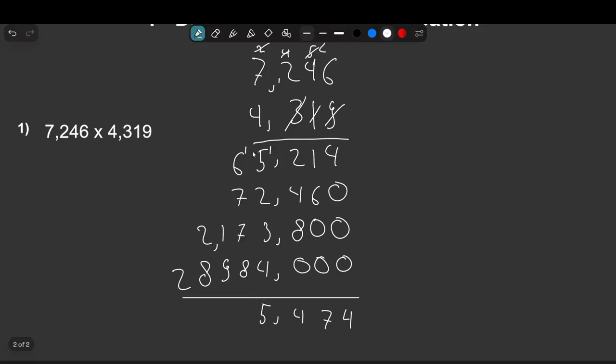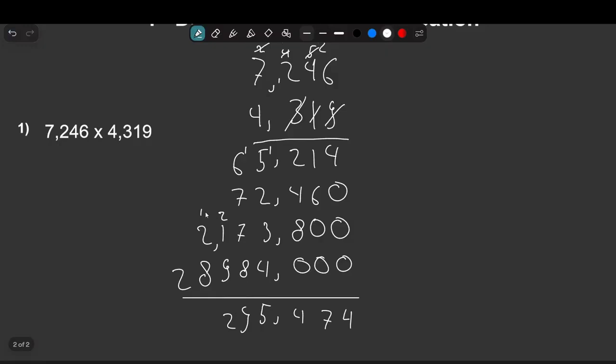So now we're going to do 1 plus 6 equals 7, plus 7 equals 14, plus 7 equals 21, plus 8 equals 29. So we're writing the 9 down here, and we're carrying the 2 over here. So now we're going to do 2 plus 1 equals 3, and 3 plus 9 equals 12. So we're doing the 2 right over here, and carrying the 1 over.